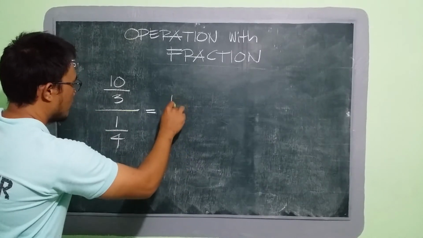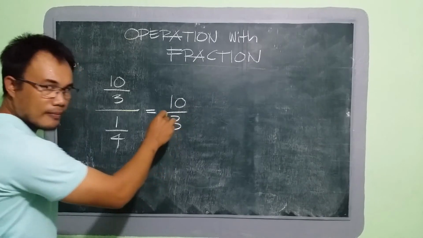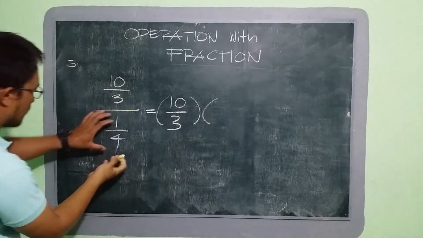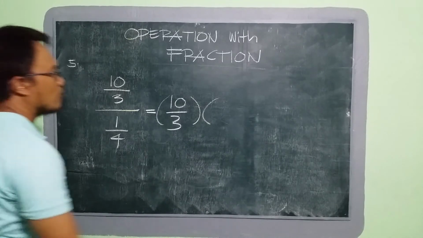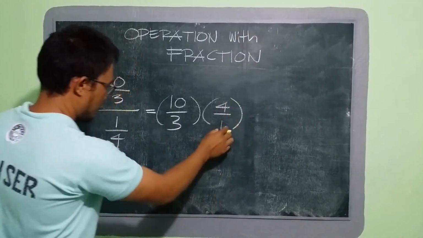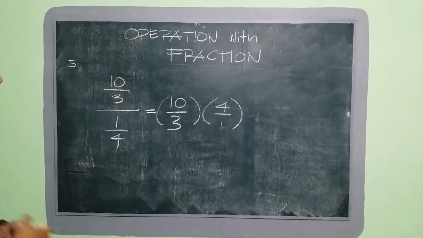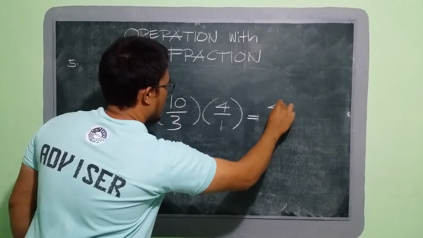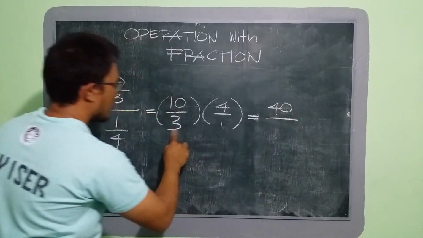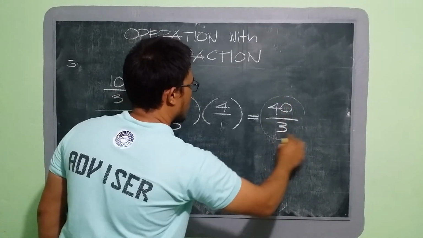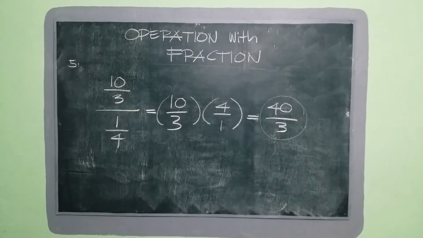This will become 10 over 3 times, the reciprocal of 1/4 is 4 over 1, or it is 4. So just put 1. We have 10 times 4, that is 40 over 3 times 1 is 3. So our final answer is 40 over 3.